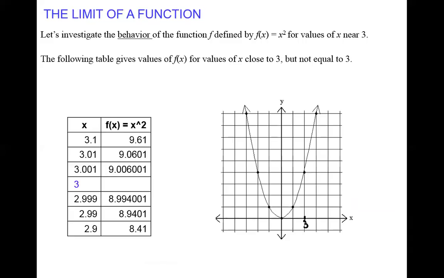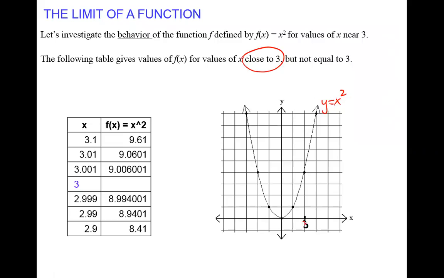Oh, okay, I can show you the entire screen. I took the same function that I took in the previous section, x squared, just a parabola, and we have to investigate how the function behaves close to the point 3.